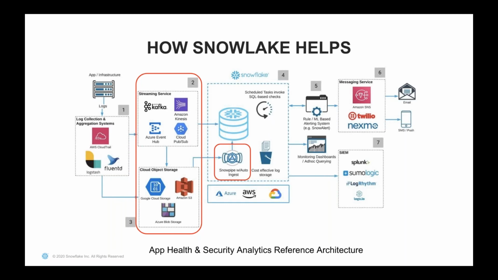And Snowpipe can be set to automatically grab that data and pull it into Snowflake, all without having to manage any kind of servers to do so. So that Snowpipe auto ingest is incredibly valuable within this app health and security analytics use case.